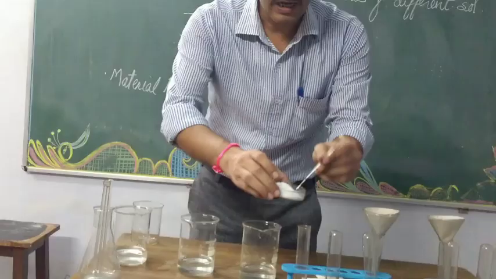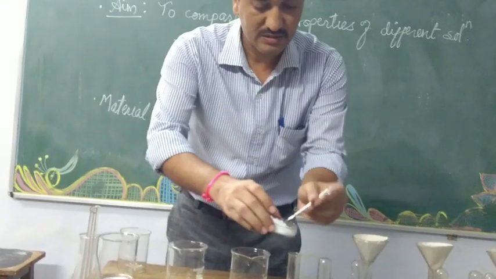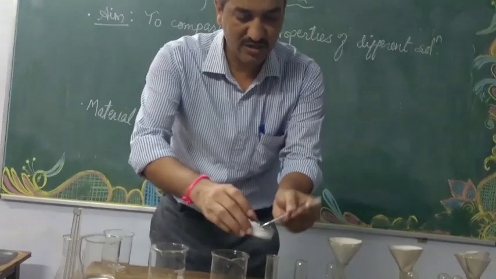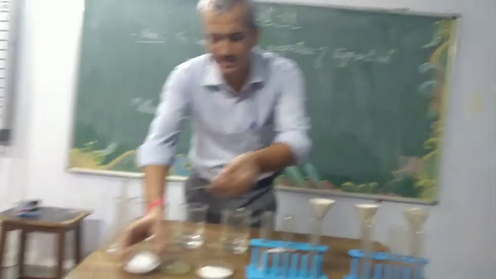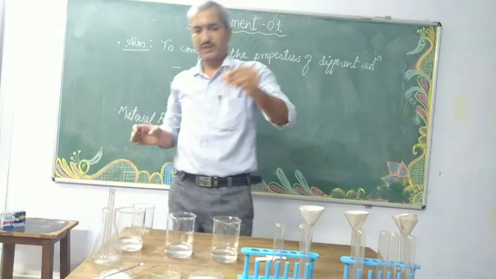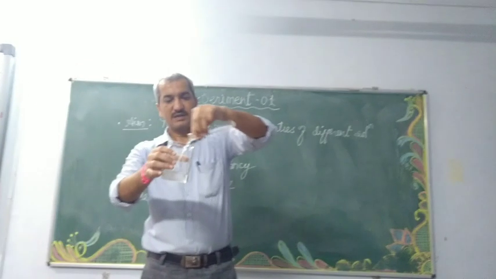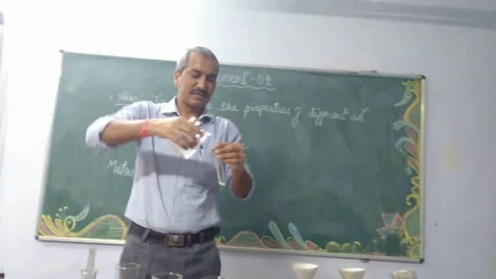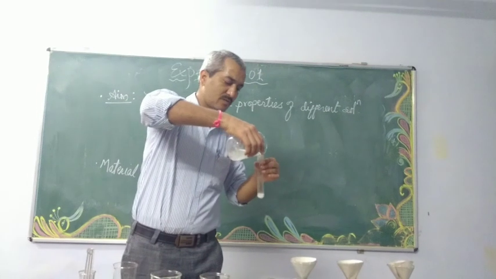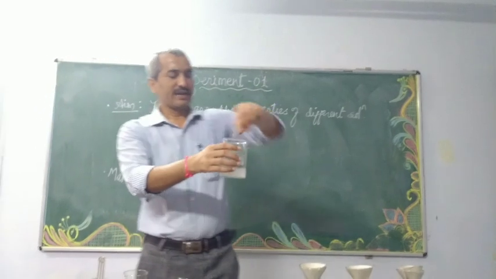At first I will add the common salt to it. Actually the solution of common salt can be made directly in the water, no need to take it separately. So here I am adding this common salt. We can directly add it.